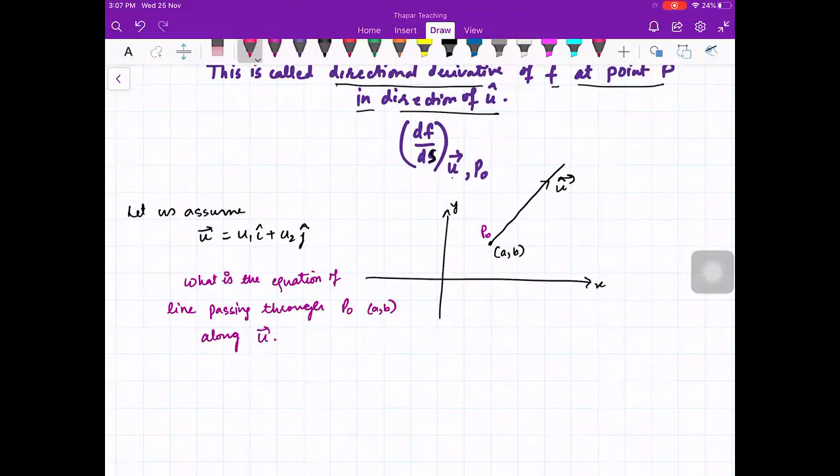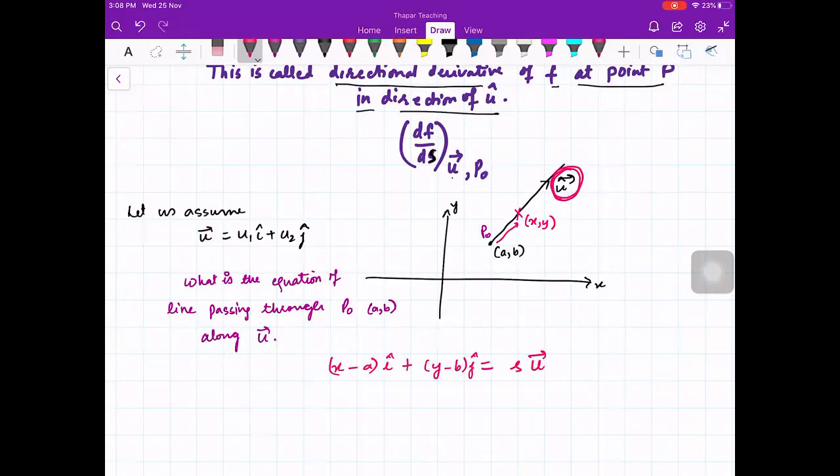Ma'am, lambda times u cap plus a i cap plus b j cap. Yeah. So basically, if (x, y) is any general point, then this vector (x minus a) i cap plus (y minus b) j cap is equal to a multiple of the u vector. That multiple we are writing as s. Is that clear to everybody?